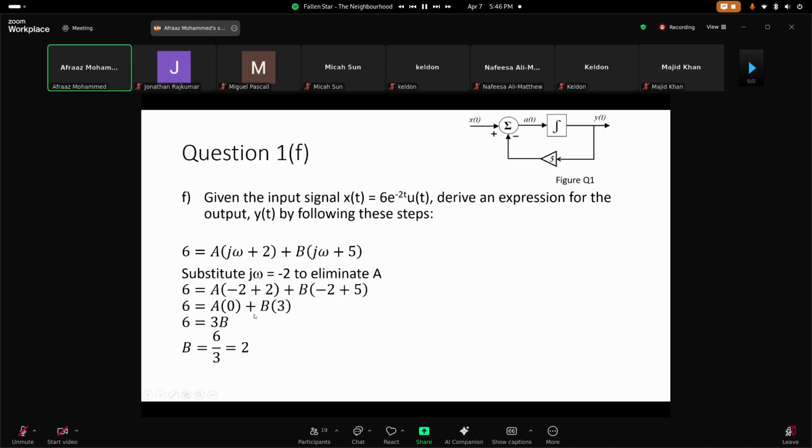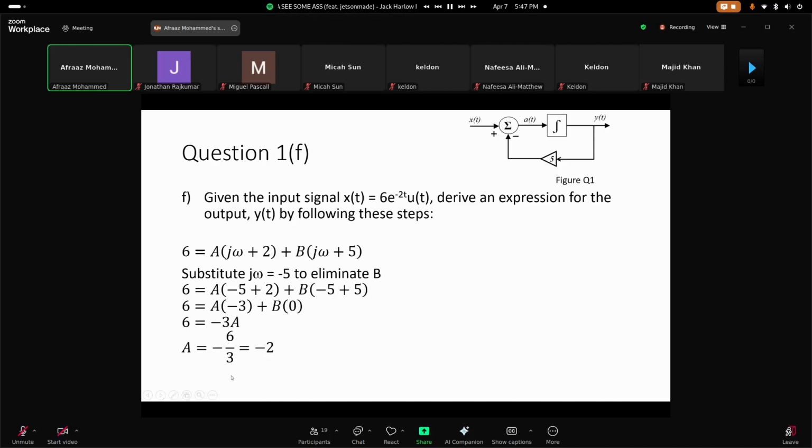Minus 2 plus 2 is 0, so we eliminate A with that. And B is multiplied by minus 2 plus 5, which gives you 3. So 6 is equal to 3B, and that gives B equal to 6 over 3, which is 2. So now we have B.